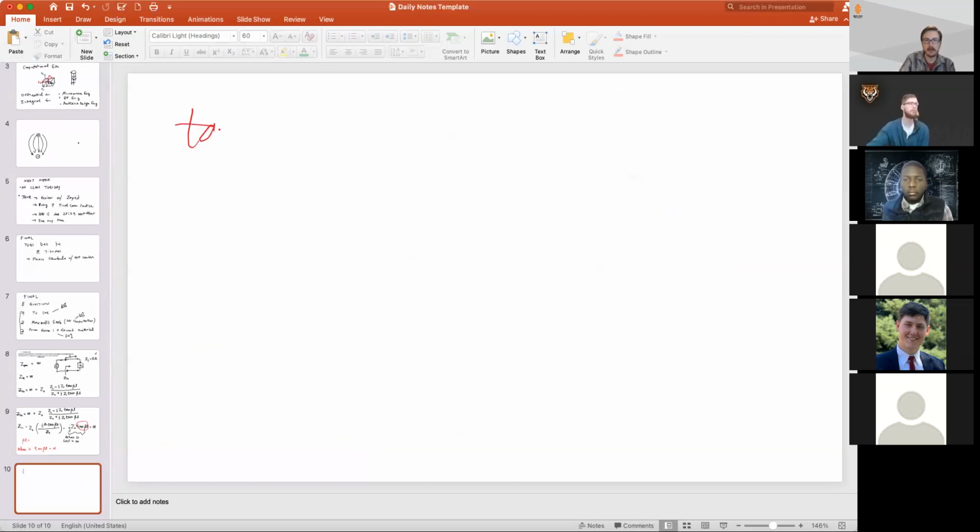Let's think about it. How can we write tangent? Do we write it like this?